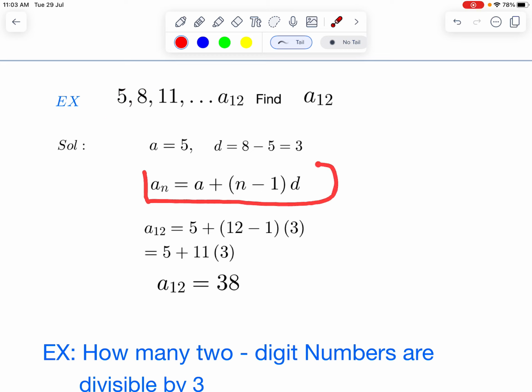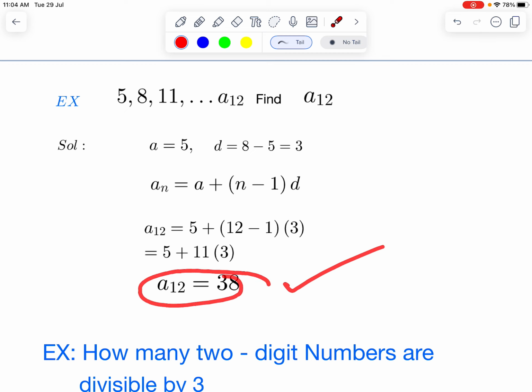Therefore, formula an is equal to a plus n minus 1 into d. a is the first term, 5. n is equal to 12, 12 minus 1 into d, d is equal to 3. Therefore, a12 is equal to 5 plus 12 minus 1, 11 into 3. Therefore, 5 plus 11 into 3, 33, that is equal to 38. Therefore, a12 is equal to 38.